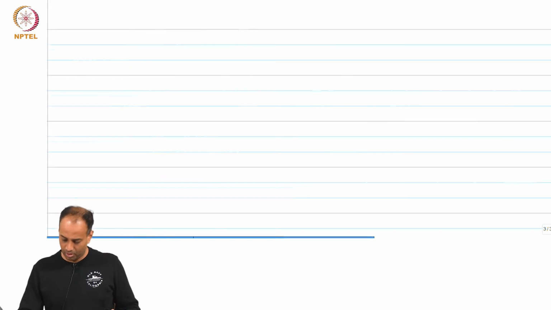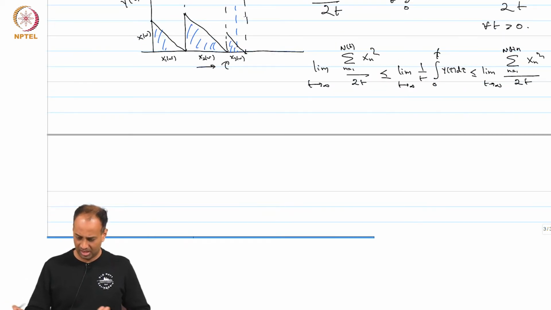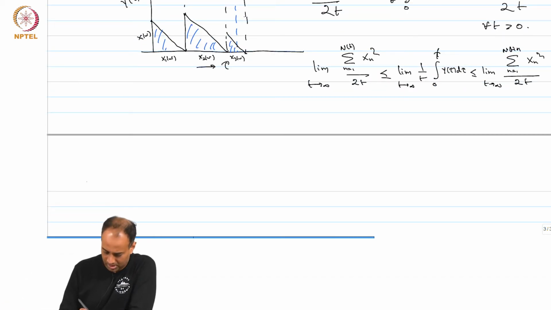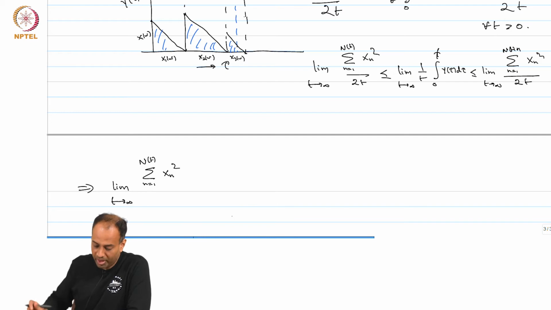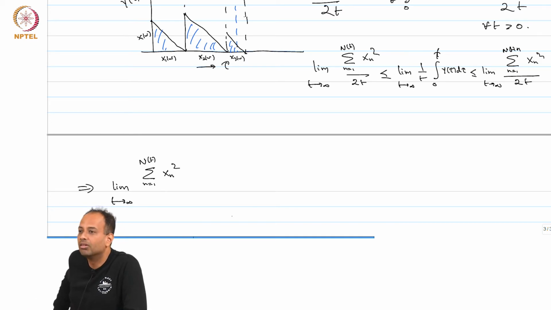So, I will now do some manipulations. Let me do the following. I will write this as limit t tending to infinity of the sum over n equals 1 to N(t) of x_n square. How many of these x_n squares am I summing?